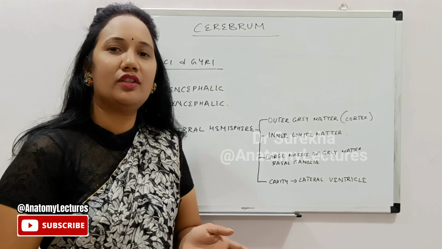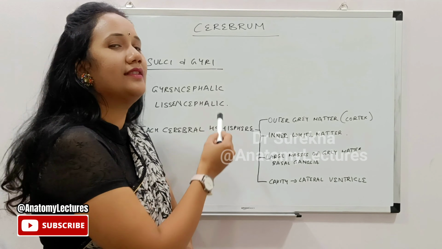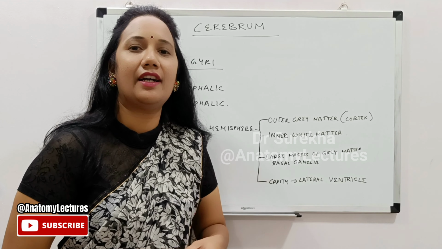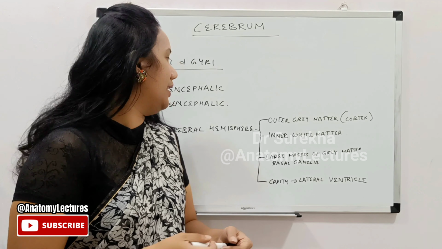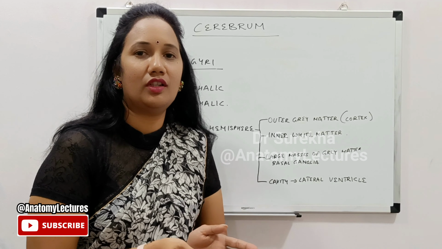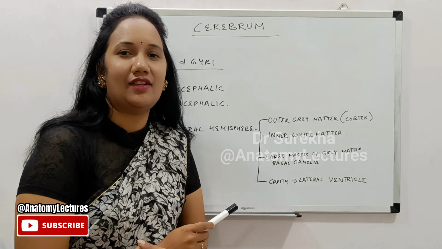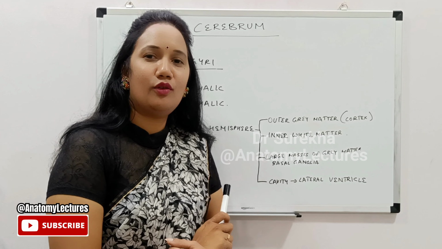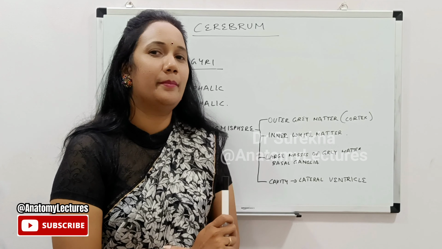If many convolutions are present, it is gyrencephalic, present in higher mammals and man. When the cerebral hemisphere is very smooth with no convolutions, it is lissencephalic, present in lower mammals, reptiles and birds.